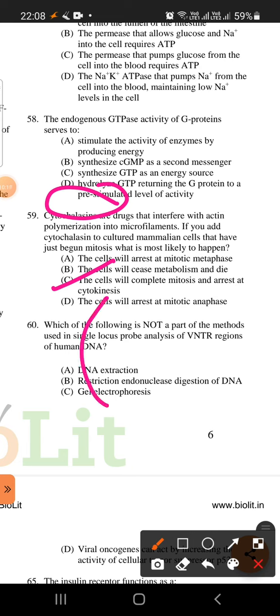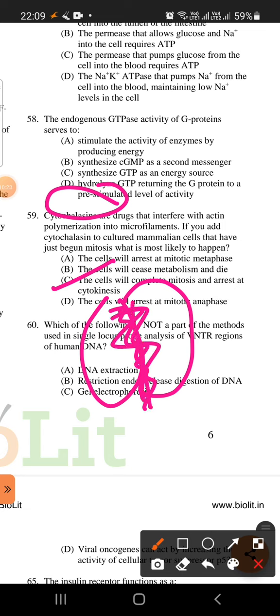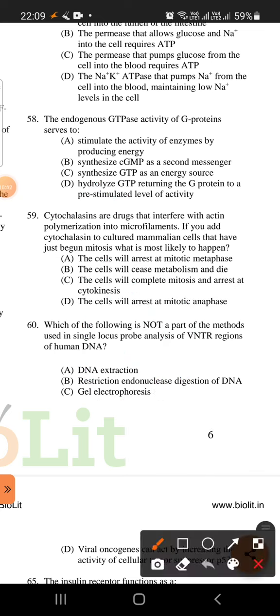Whenever your cell will be separating, the band is getting formed, there are a lot of microfilaments here, and cytochalasin inhibits this polymerization. If it inhibits this polymerization process, then your cells will not be able to separate, so it will arrest cytokinesis, right? So option C will be correct.